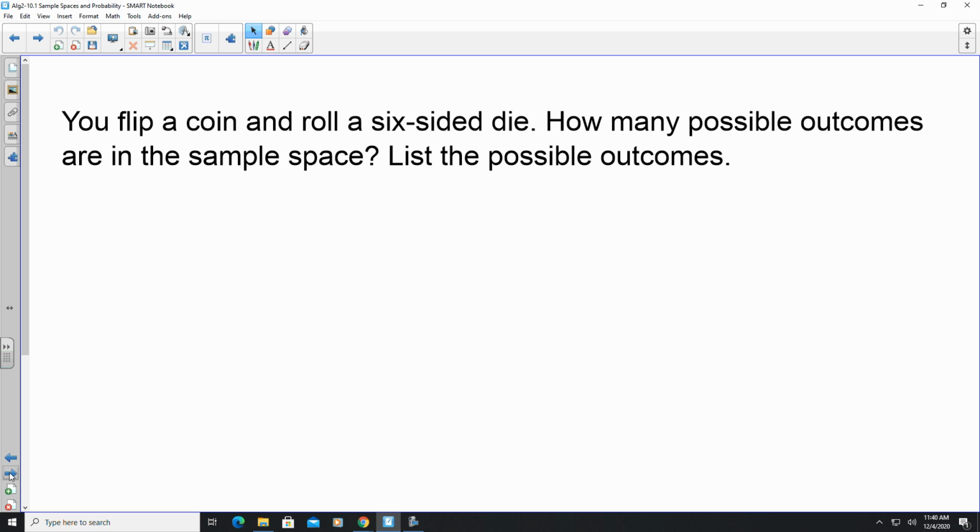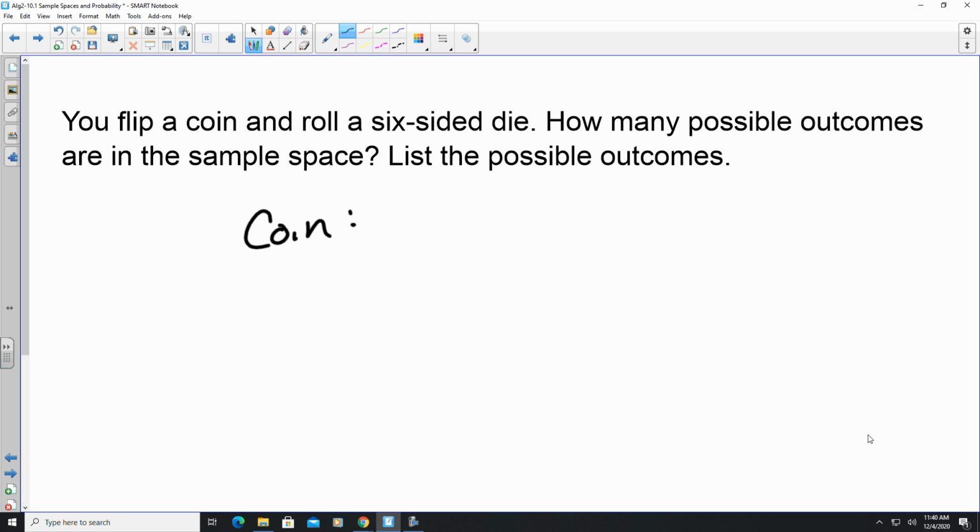So here it says you flip a coin and roll a six-sided dice. They want to know how many possible outcomes are in the sample space, and they're asking us to list the possible outcomes. All right, so to think about it, looking at a coin, whether it's a quarter, a dime, or penny, whatever it is, there's two options.